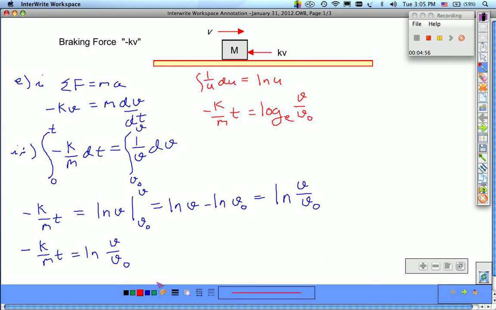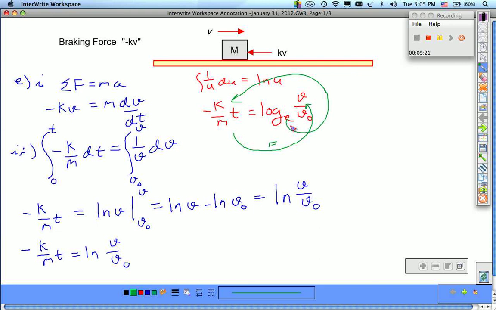Now watch carefully. I'm going to use green, and this is my counterclockwise motion here in transforming log base e to exponential form. So e raised to this left-hand side is equal to v over v naught.